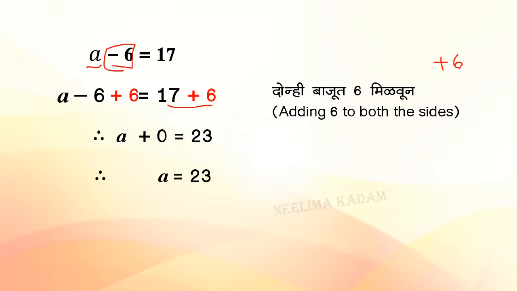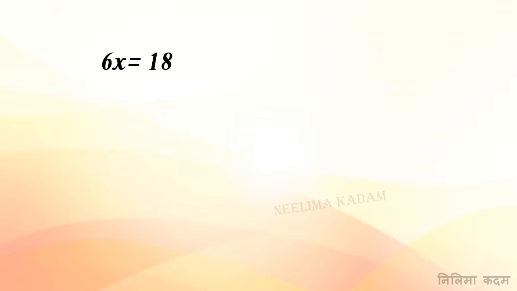Okay. Next, 6x = 18. LHS, RHS. Left hand side is 6x. So what is the operation over here? 6x means 6 into x. Remember. Now dear friends, here the variable is x and the operation is multiplication.